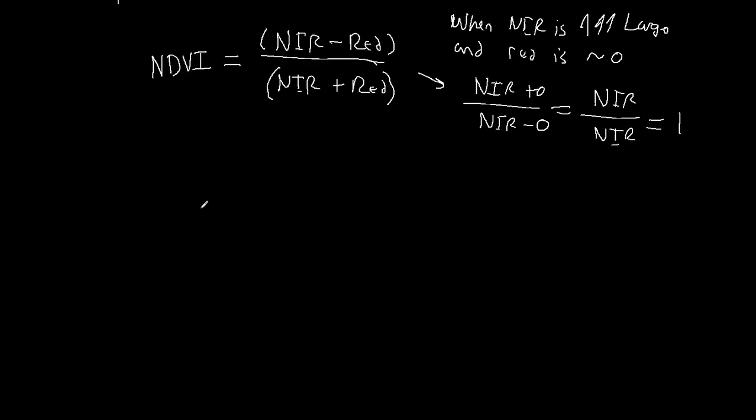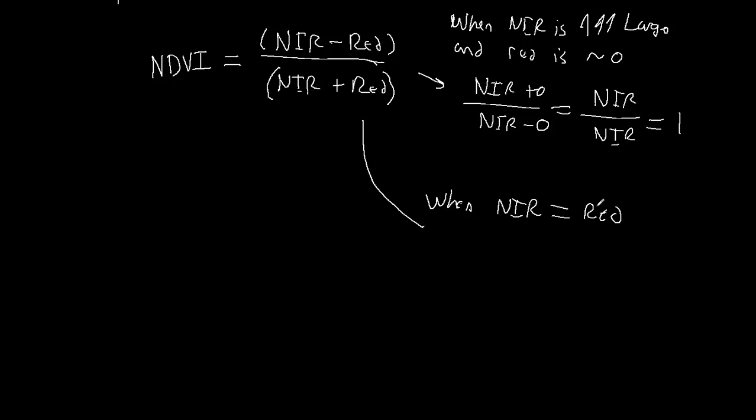So let's go through and talk about what happens when NIR is equal to red. Okay, what happens in that case? Well, let's go through this. What does this boil down to?